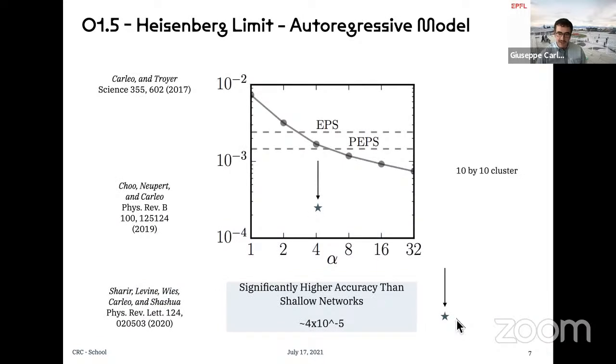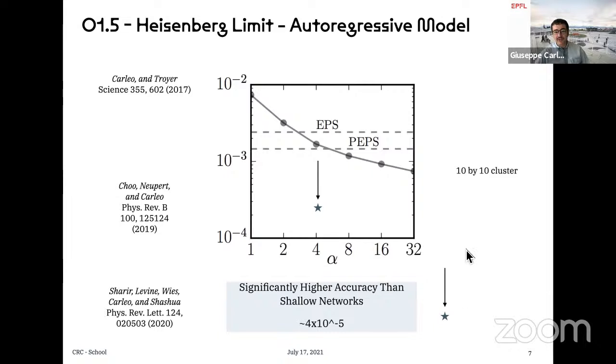It's off charts because it's in the 10 to the minus 5 or so, on the ground state energy of this model, and this is significantly more accurate than, for example, these RBM cases. On this finite cluster case, this is the state of the art, I think, in terms of precision on this model, if you consider variational approaches.